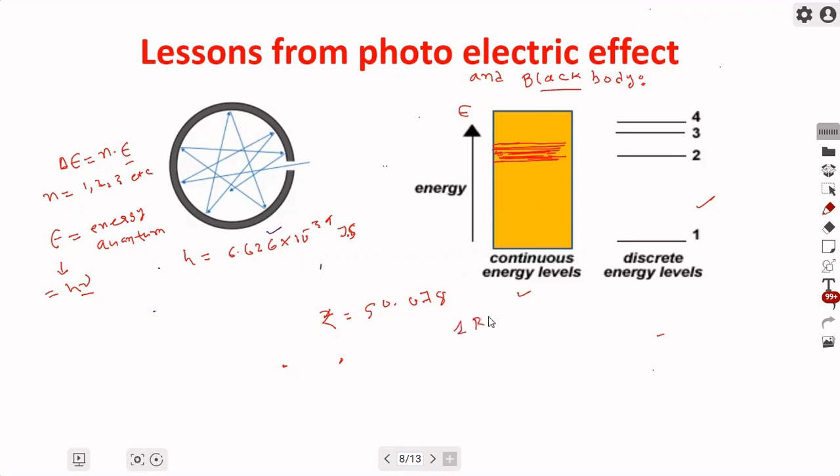Anything below 1 rupee, you cannot pay at the moment. I don't know whether 50 paisa is still valid or not, but let's say 1 rupee is the smallest monetary unit. So it is impossible to transfer money in any smaller amount than this.